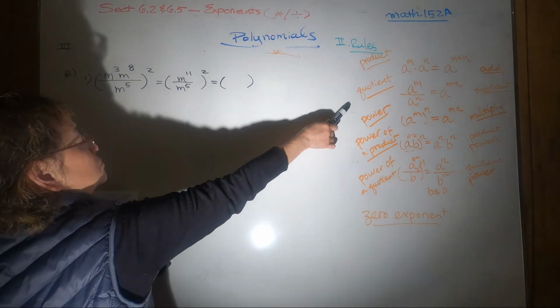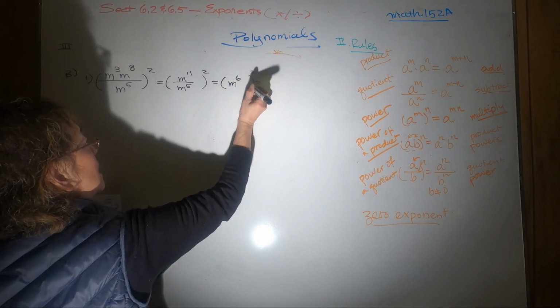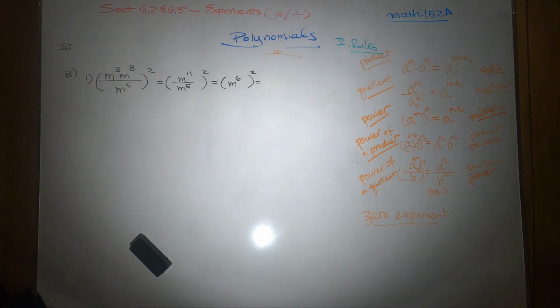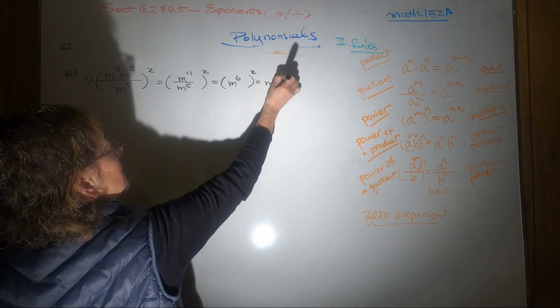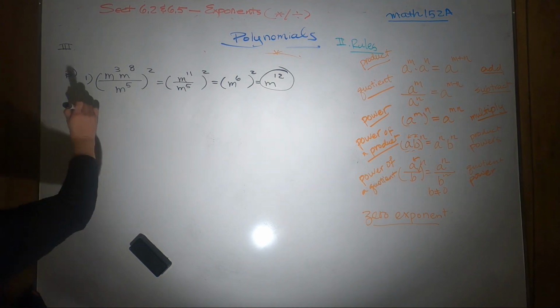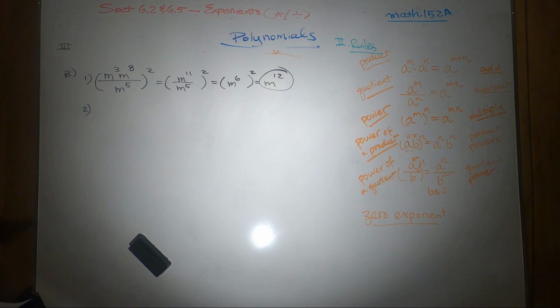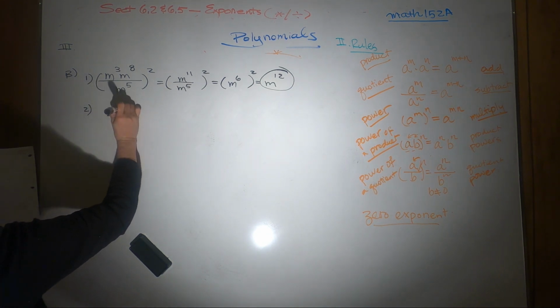That will be the quotient property, so that will be m to the 6th to the 2nd power. Now power on power, we will use the power property, you multiply them. So that would be your answer, right? Not too bad.